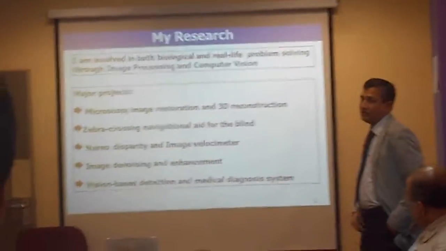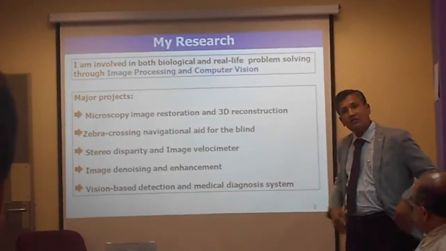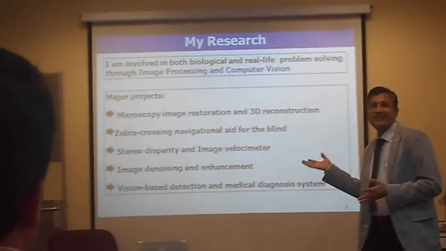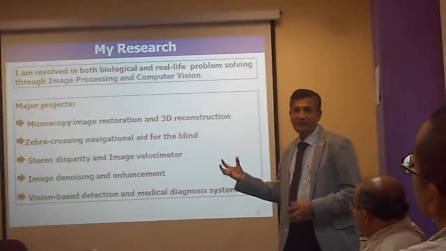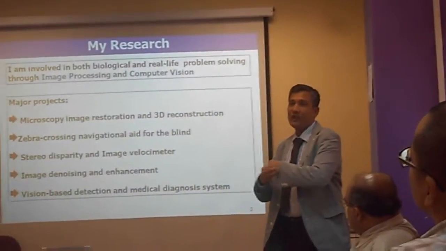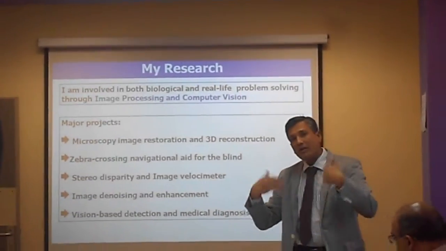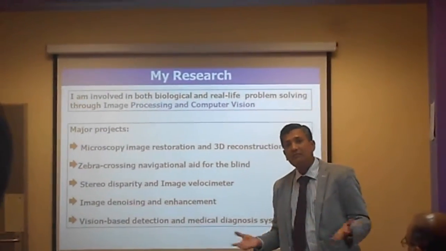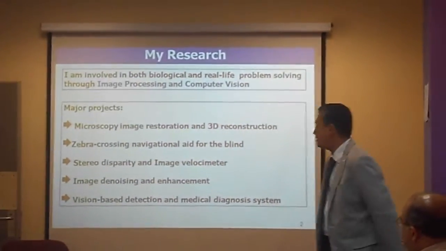My concentration is on microscopy, image restoration and reconstruction. This is basically for biological species, for example, the cellular mechanism or internal organ mechanism of the human body or other biological species.